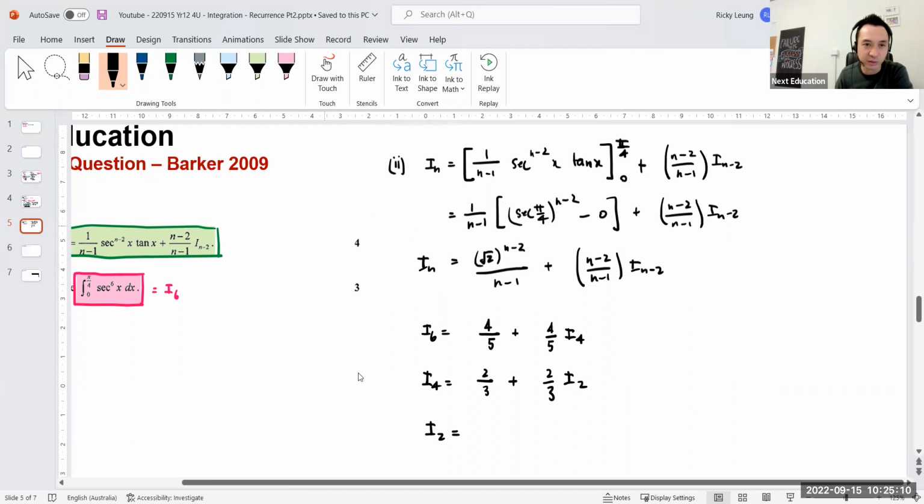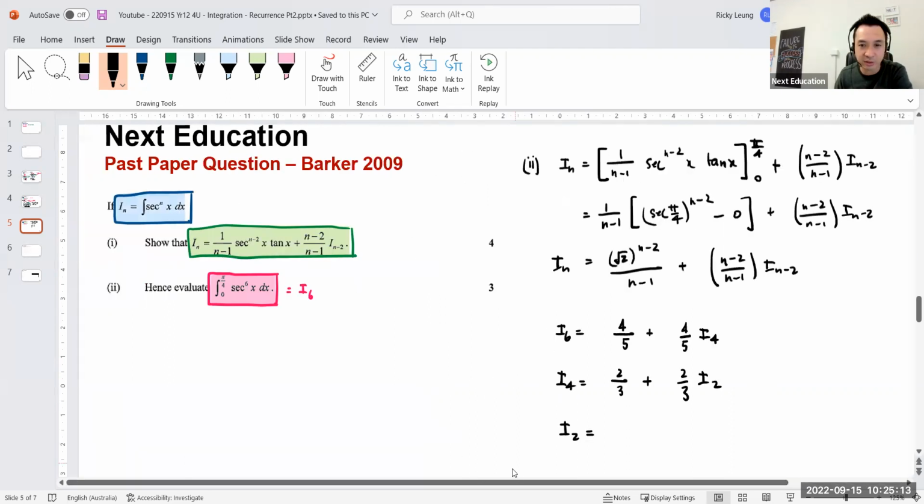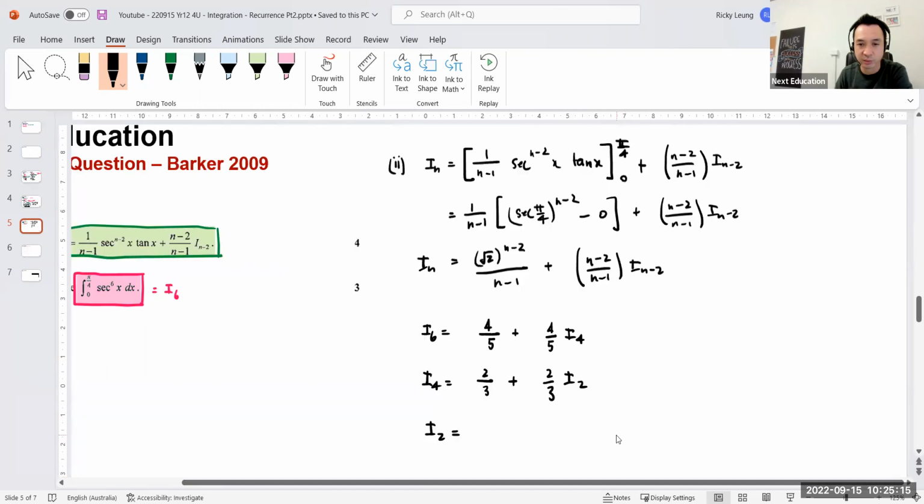Now this one here, once again, not a nice question when they don't tell you what n values are different to start with, but let's assume I can sub in 2. So that's 1 on 1. So that's 1 plus 2 is 0. Oh, 0. I can't do this. So maybe I_2 is the lowest I can go to, because the n starts getting negative, right? And I_0. Let's just go here. I know I_2 equals the integral of sec squared with the limits.